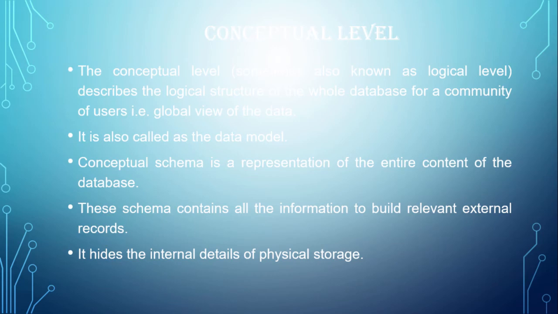Basically, this level is represented at the middle level of the three-level architecture, and this is defined by conceptual schema, which describes all the database entities, attributes, and relationships together with constraints and security information. The description of the conceptual level must not contain any storage dependent details.